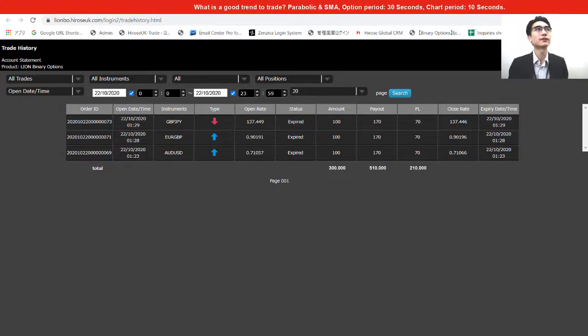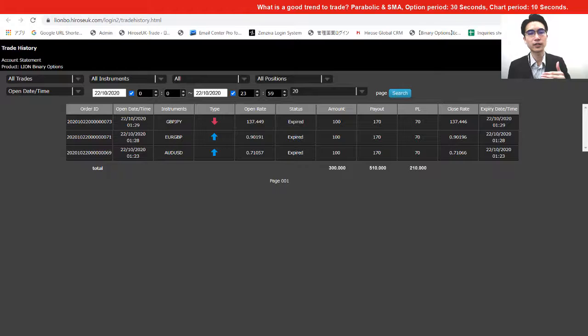So the point for today is that when we are using the simple moving average to trade, we can't actually rely 100% on what the simple moving average is telling us. Just zoom out from the chart a little bit, and take a look at the overall movement of the candlestick. If the candlestick and the simple moving average match, then we will say that that is a stable trend.